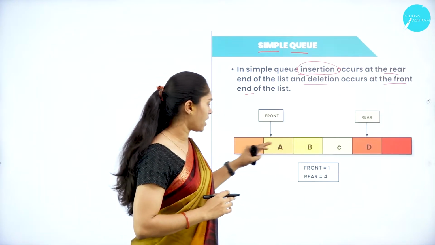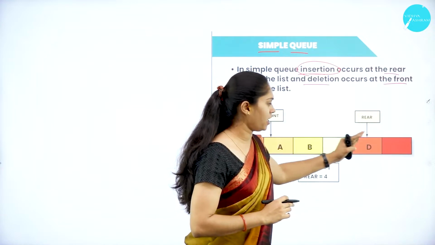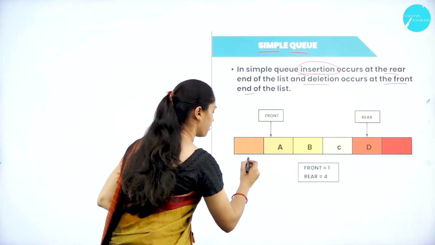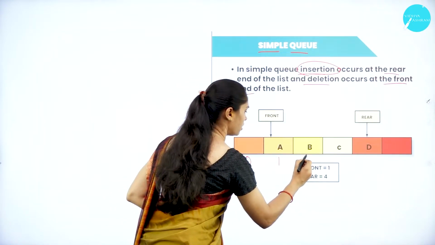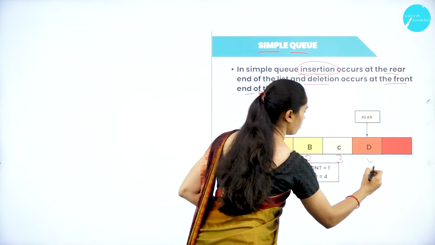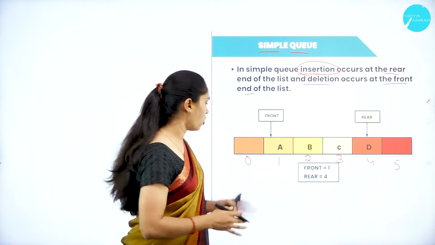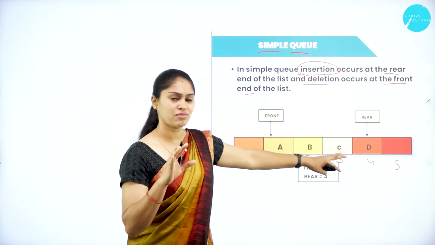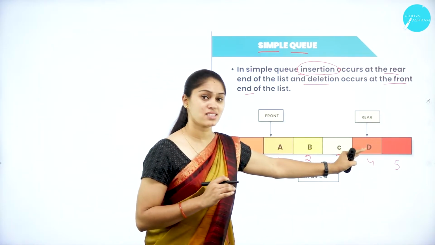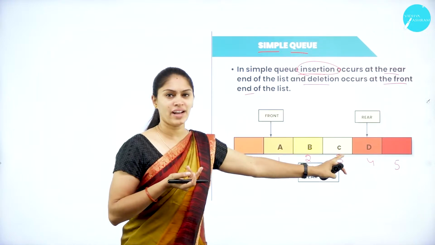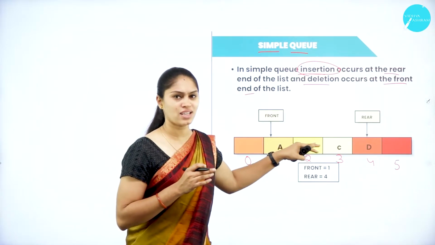Here you can see how many elements I have: 1, 2, 3, 4. Let me mark the addresses: 0, 1, 2, 3, 4 and 5. I can store 6 elements here, but we have filled only 4, which means we can accommodate another 2 elements into this queue.